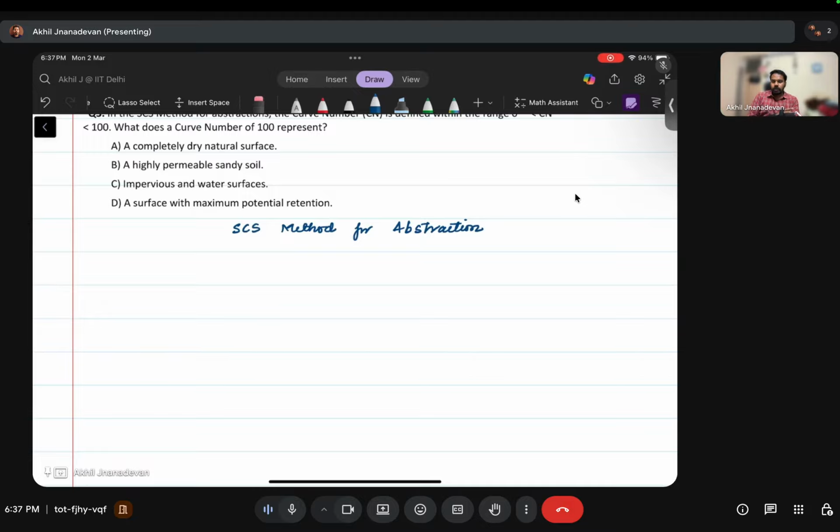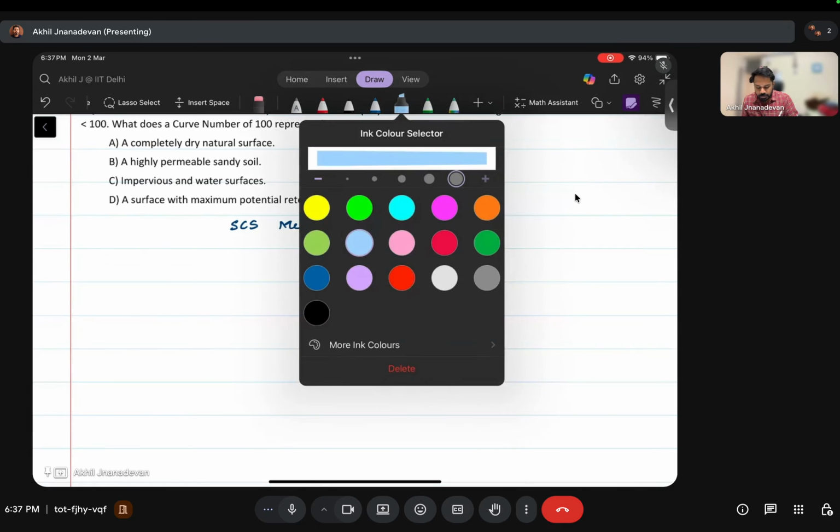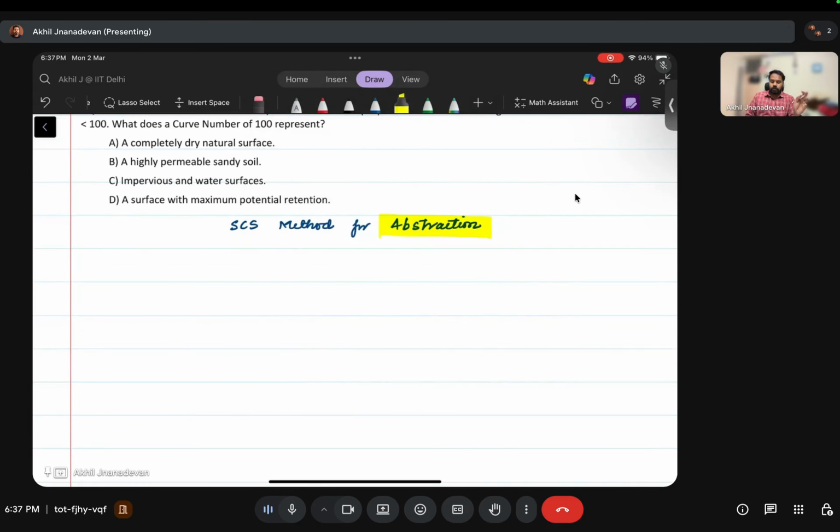In this lecture, we will see whatever one more loss is left. If we subtract that, we'll get our runoff or rainfall excess. That loss is the abstraction loss. So this method was used to find the abstraction losses so that we can quantify the runoff or the rainfall excess.